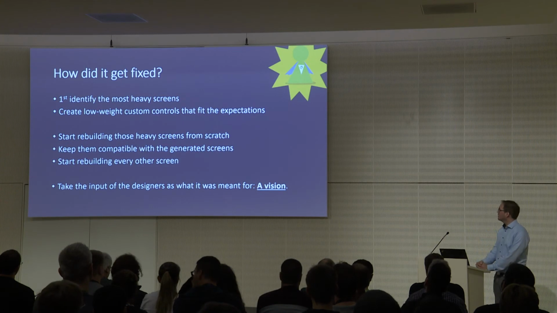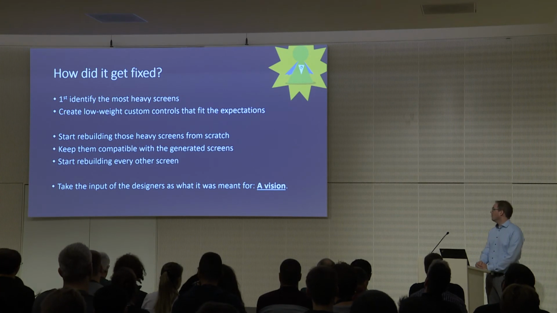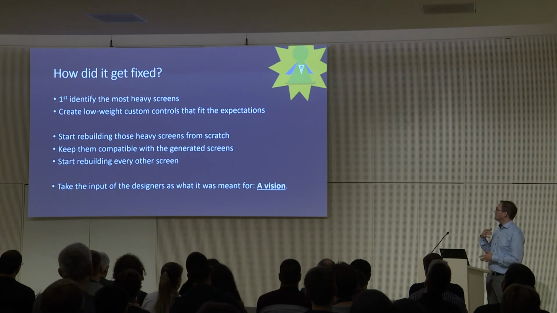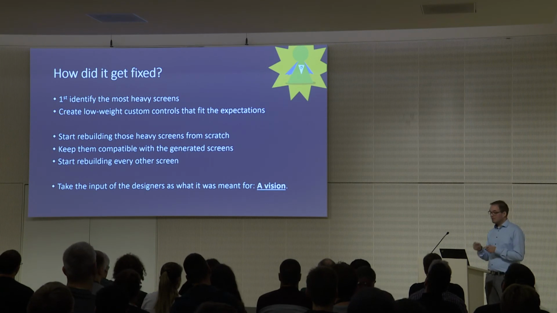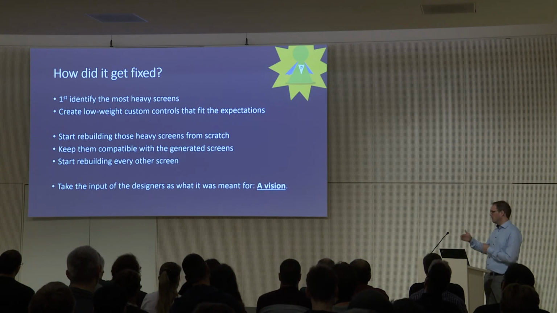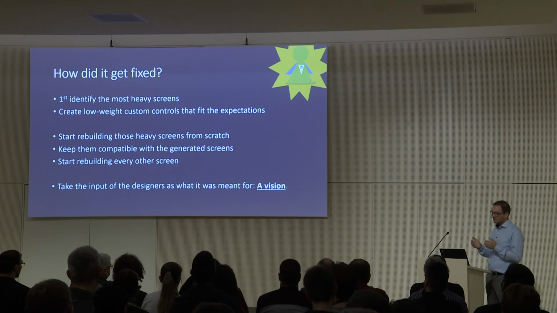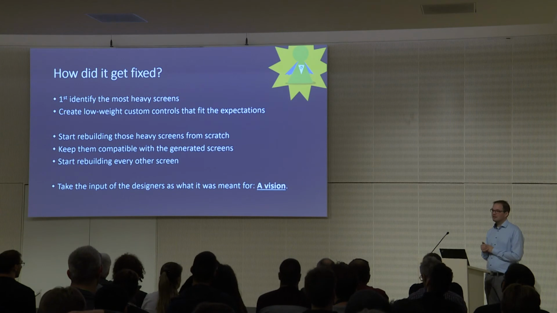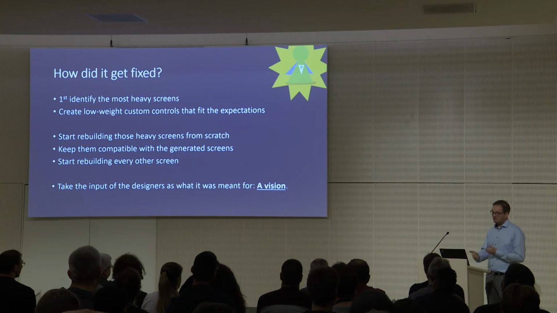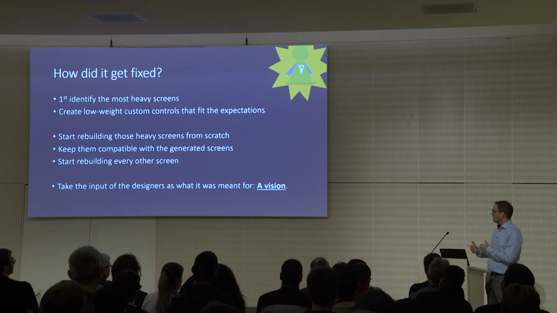How do you fix such a situation? Well, first identify the most heavy screens, of course. Then we created low weight custom controls. Remember, it was a time where no Qt Quick Controls 2 were available. The approach we chose was a little bit in the same direction. And then we started to rebuild every screen by hand. First the most heavy ones, and then the ones that are not that important or not that heavy.